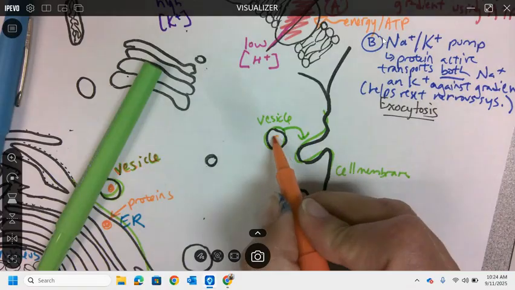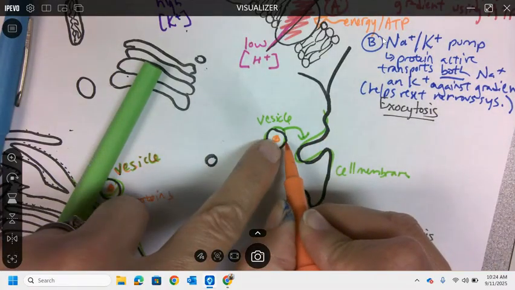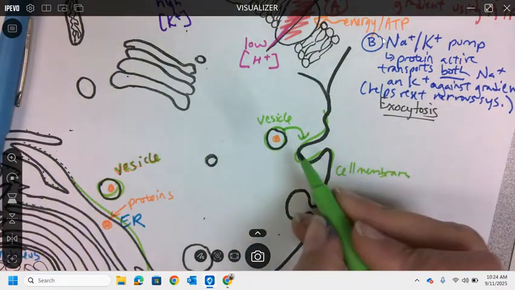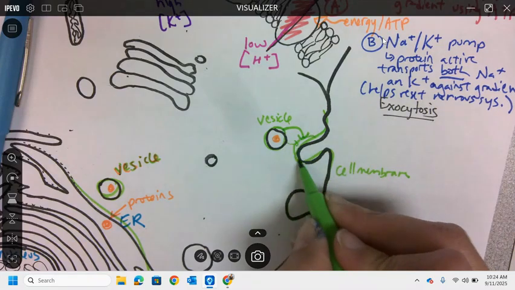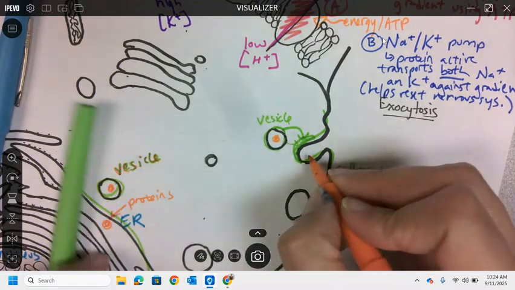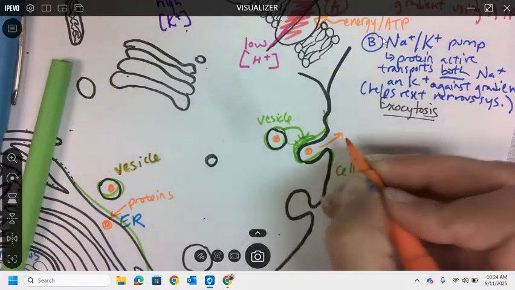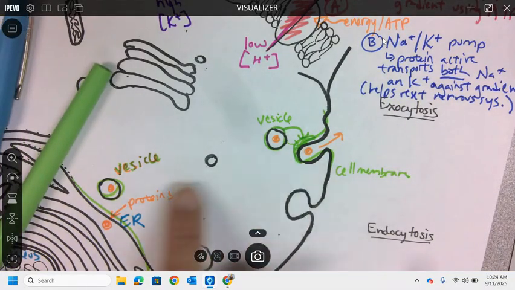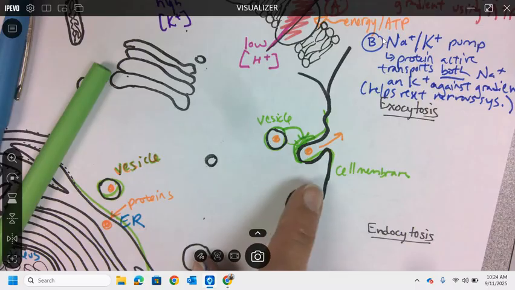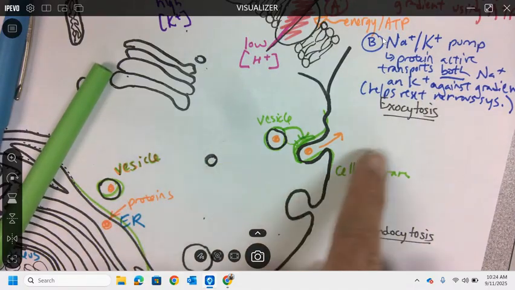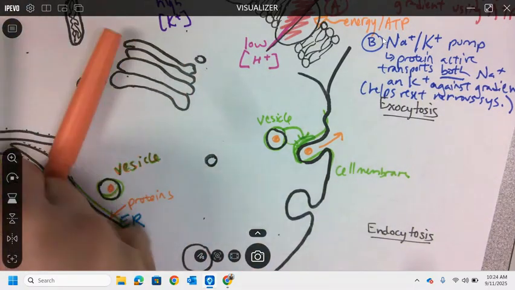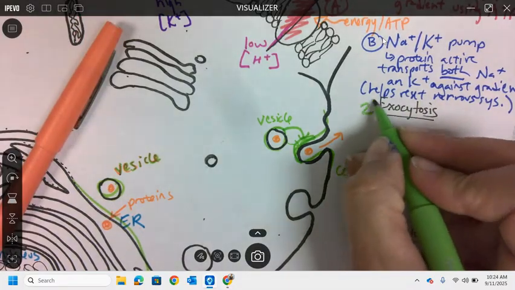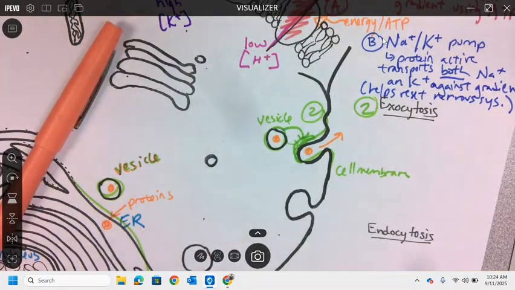And when that happens, the proteins that were in the vesicle, as this vesicle comes up and fuses with the membrane, those proteins are now outside the cell, and we've undergone exocytosis. And this process, while we're not specifically talking about high-low concentration necessarily, it does use energy, so it's classified as active transport. So we'll label this one too, exocytosis.